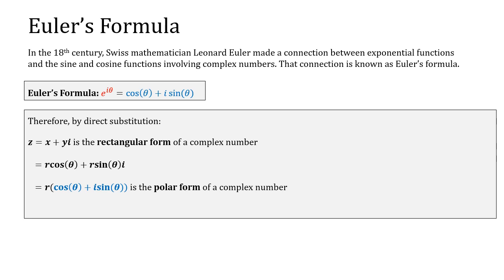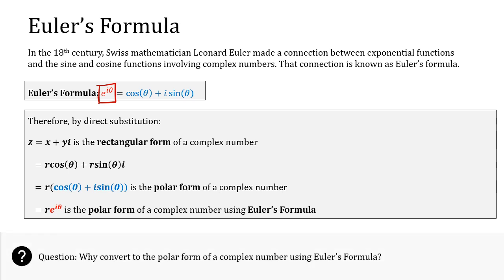Notice that cosine of theta plus i times the sine of theta is what Euler recognized was equal to e raised to the i times theta power. Therefore, by substitution, we can say that z is equal to r times e raised to the i times theta power, and we call that the polar form of the complex number using Euler's formula.